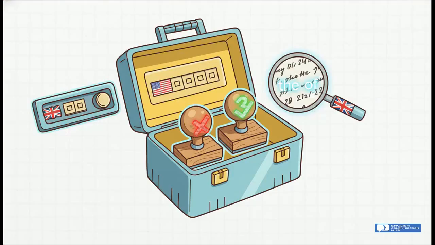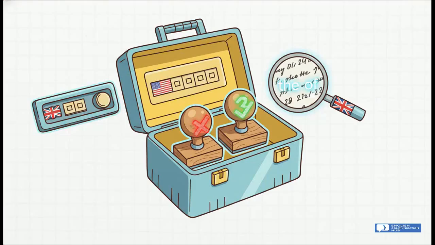All right, let's put it all together into your new date writing toolkit. Rule number 1, just remember the order. It's day, month, year for the UK, month, day, year for the US. Rule number 2, always use those ordinal numbers for the day, the first, second, and third.